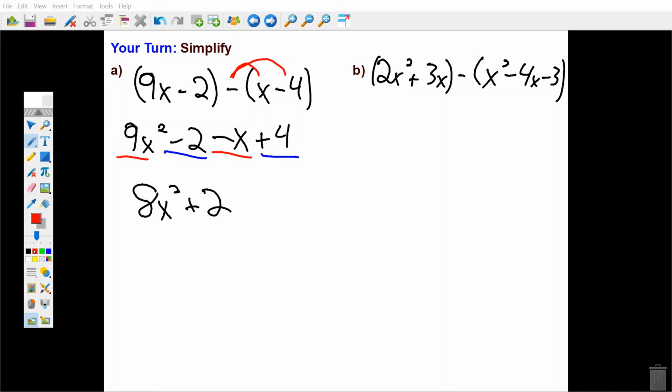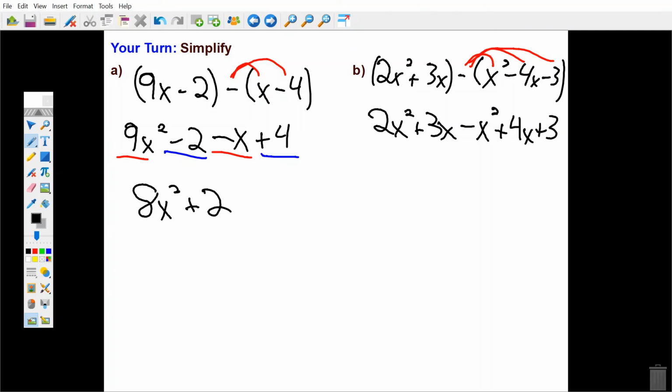Question 2, we're going to distribute our negative sign. The first binomial will stay the same. These ones will flip, so positive x squared becomes negative x squared, negative 4x becomes positive 4x, and negative 3 becomes positive 3.